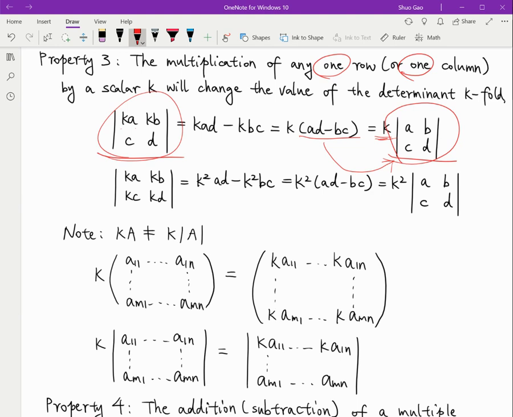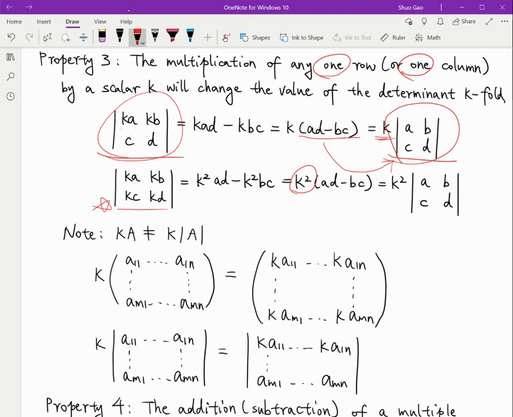However, if we multiply all the rows of the matrix, then it's a different story. The determinant will change by K to the n times, depending on how many rows are in your matrix. So for example, in the second example, the matrix becomes Ka, Kb, Kc, and Kd. We multiply all of A, B, C, and D by K. And so the determinant should be K squared AD minus K squared BC.